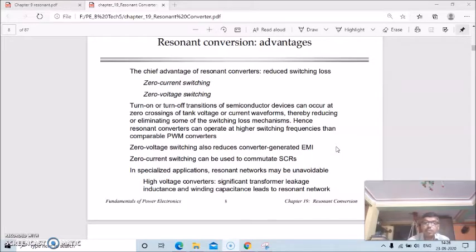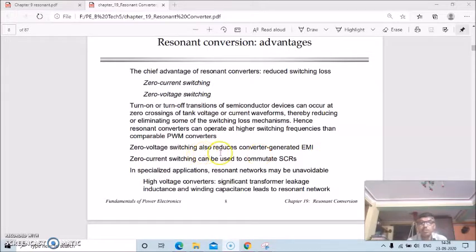Hence, resonant converters can operate at higher switching frequencies than comparable PWM converters. Zero voltage switching also reduces converter generated EMI. So this is also important.